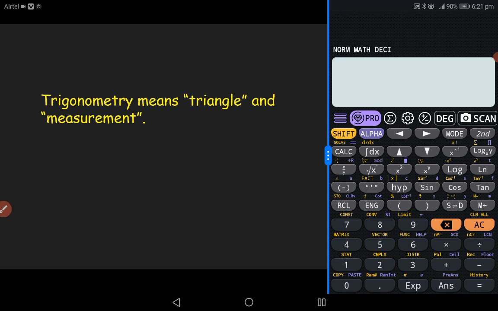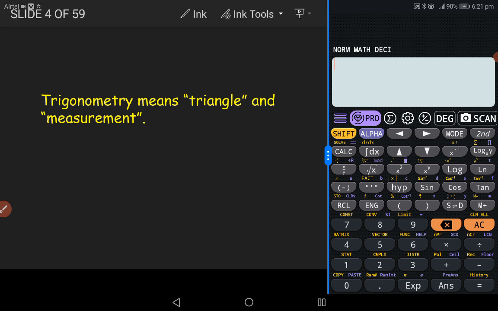And for the time being, we are going to limit our topic to use of right-angled triangles. Remember, a right-angled triangle is one in which one angle is a 90-degree angle. For example, a triangle like this. So this one, you must have an angle there, 90, which is 90 degrees. This is called a right-angled triangle.